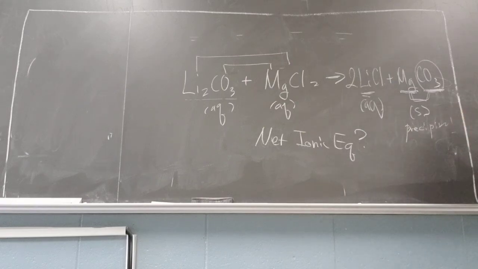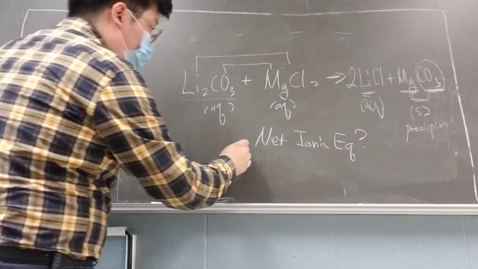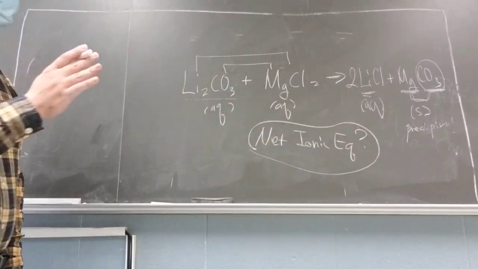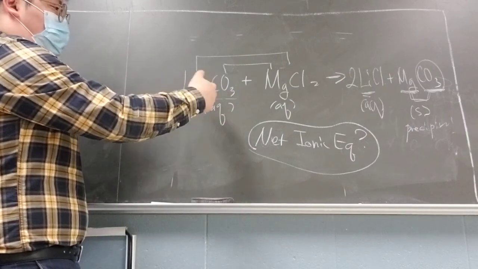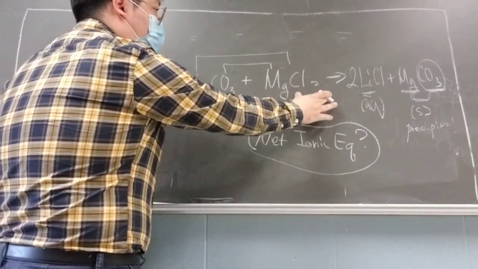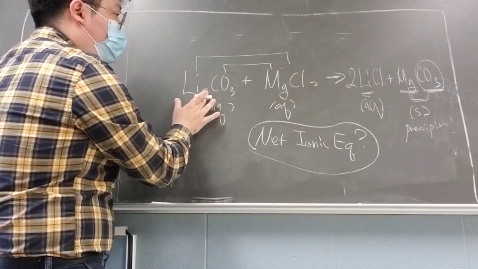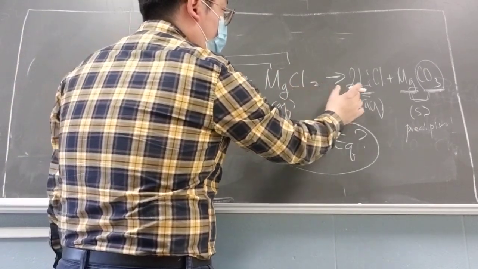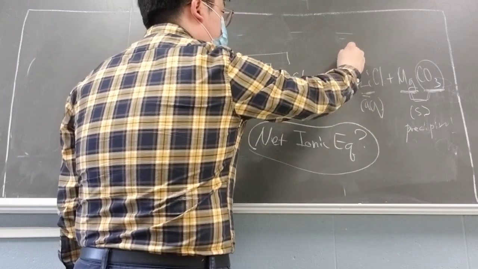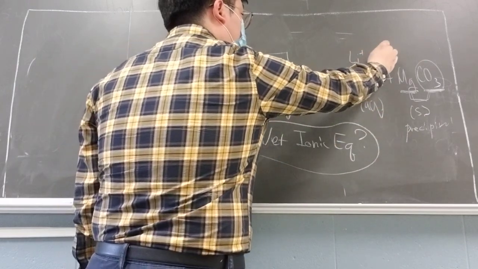And when they precipitate, that is the one that we're going to use for the net ionic equation. Because think about it: if these two dissociate into 2 different ions, cation and anion, and they're both still in aqueous form, they'd still be in ion form.